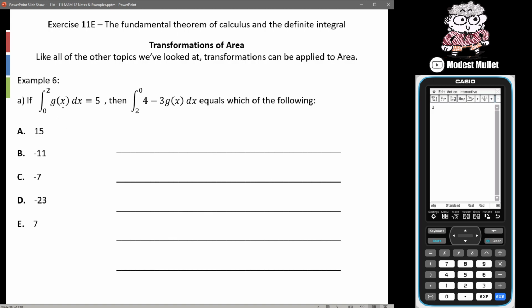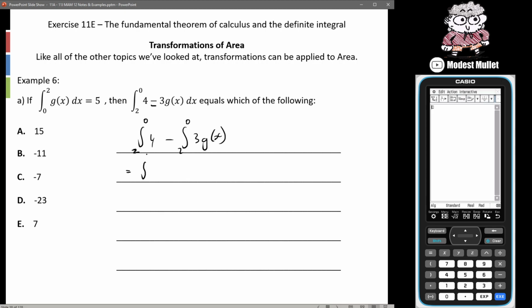We know between 0 and 2 of g of x dx is equal to 5. Then what is, notice the order changes, the integral from 4 to 0 of 4 minus 3g of x. This one is nice in that you don't actually have to think in terms of transformations. We can apply all of those antiderivative laws to make this into a problem that's a lot easier. So first off, we can split at the minus. So we've got the integral from 4 to 0 of 4 minus the integral from 4 to 0 of 3 g of x.